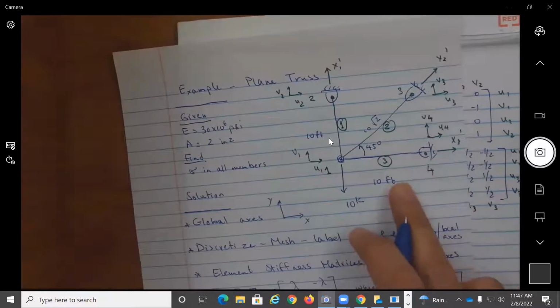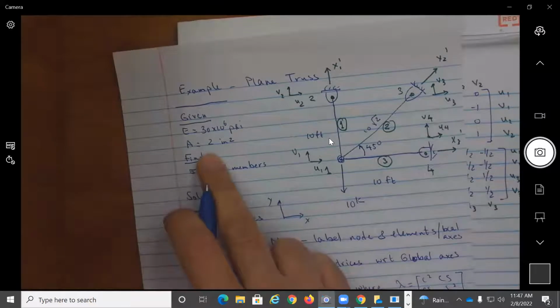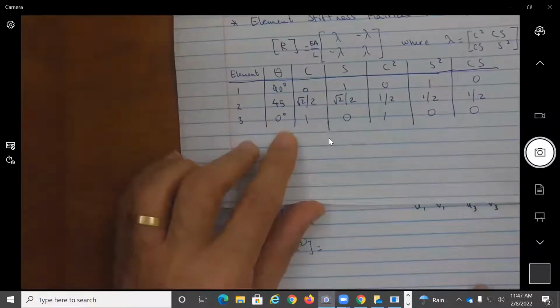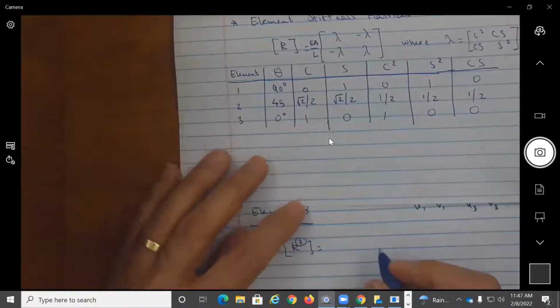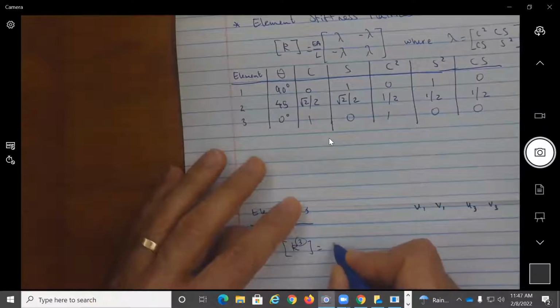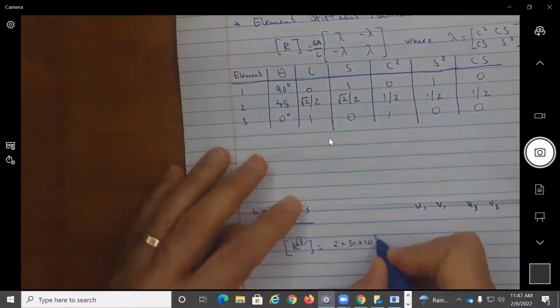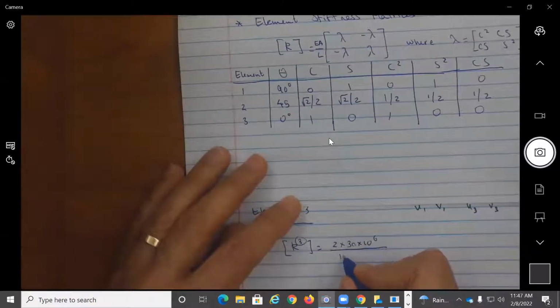It's 10 feet long. Area is 2 square inch. Same modulus of elasticity. And here is my table for my cosine sines. So I will get a 2 times 30 times 10 to the power 6 divided by the 10 times 12.